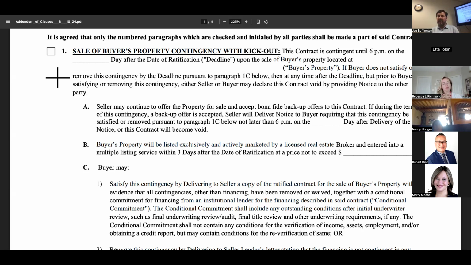There are times when I knew I was getting a backup offer and I basically gave a soft notice to the buyer who had a home for sale contingency and just said, "Hey, look, here's what's happening. We have a buyer who's telling me they're really interested. I know you said you didn't want to tap into your 401k to make this sale happen, but if we accept this backup and I give you notice, you're going to have 3 days.